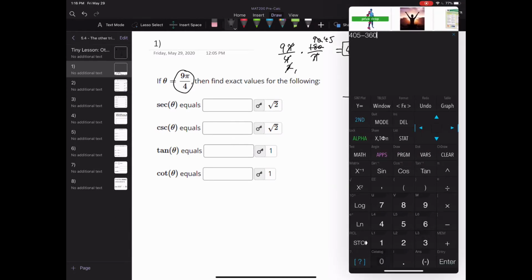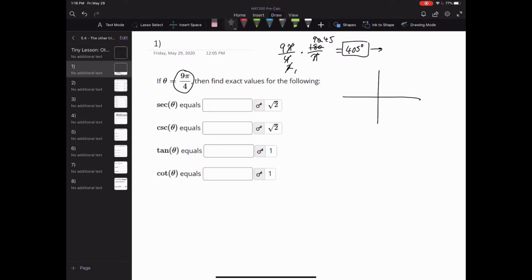Minus 360. We end up at 45. So 405 degrees goes around a full 360 and then comes back at 45 degrees. I'm just going to erase that little piece right there. So this is like saying the secant of 45 degrees.